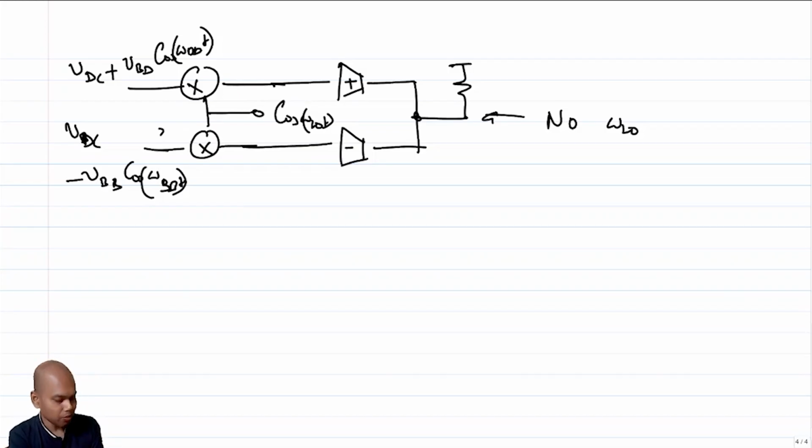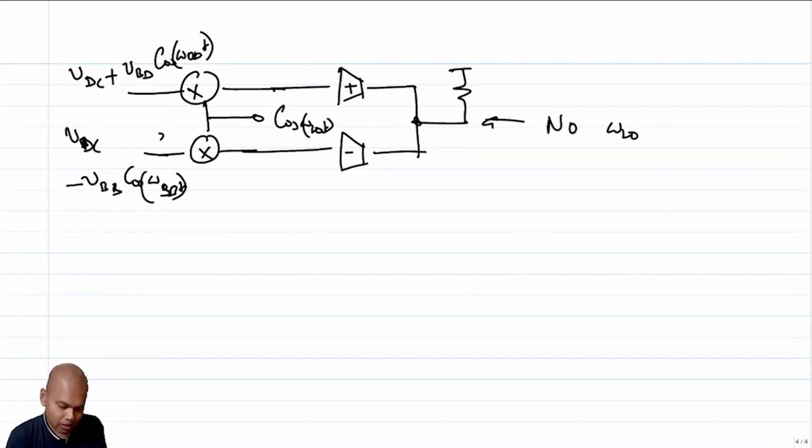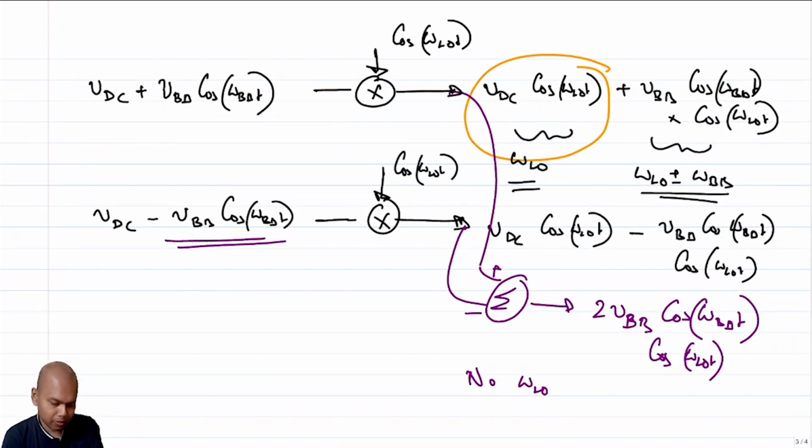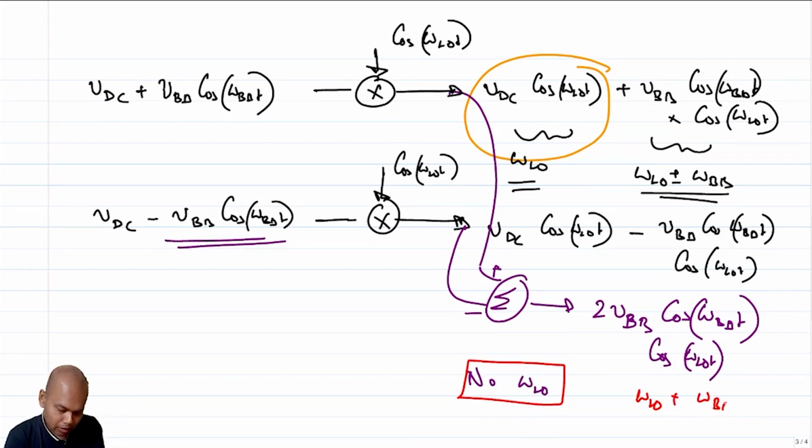I mean, you can now play around with the switches. You can put switches in appropriate places, but you now should be able to appreciate the fact that here, even though I have no omega LO, I have signals at omega LO plus omega BB and omega LO minus omega BB. But note that both of them are sending the same message signal, right?